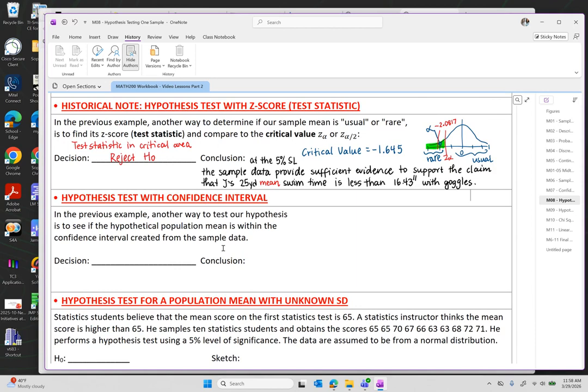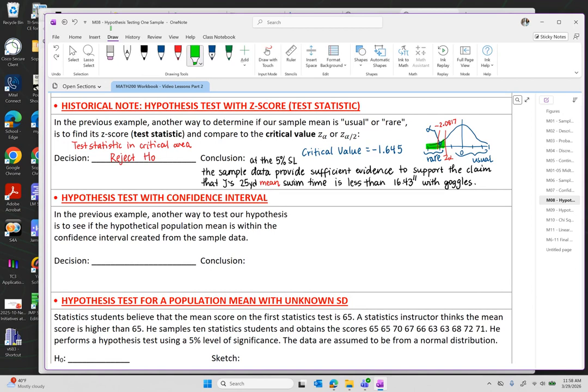In order for you to capture a 5% area in each of the two tails, because the confidence interval is a two-tailed test. If you want to create a confidence interval here, you need to make sure that you have 5% on the left and also 5% on the right.